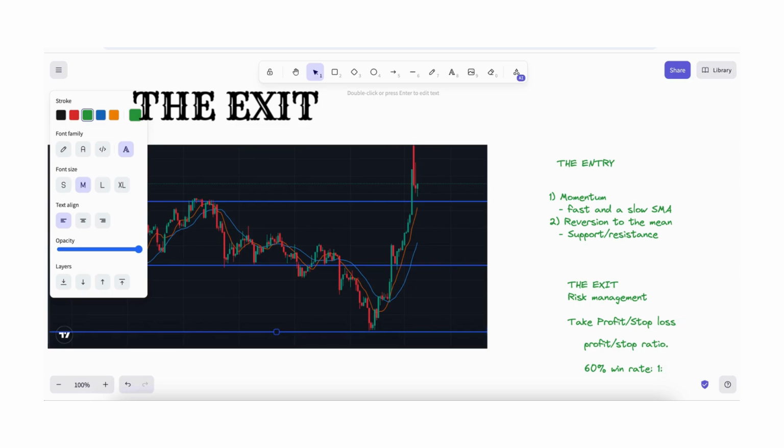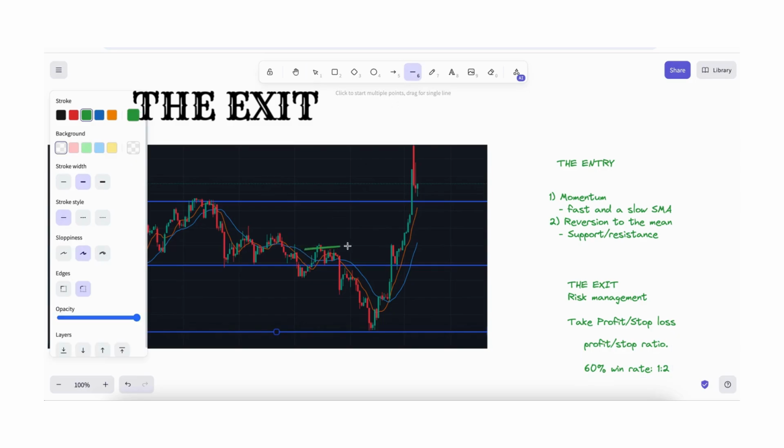But if you have a 1:2 strategy, that is, you put your stop loss twice the distance away, let's say you start a trade here and take profit here, then even if you have a 60% win rate, you are actually going to lose money, because 60% of the time you win 1x, and 40% of the time you lose 2x.